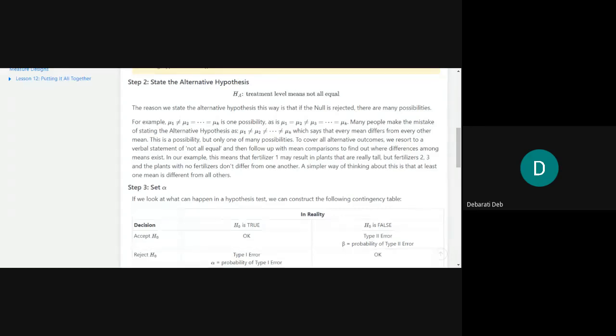Doing the literature review is very important. Only after that will you be able to set the hypothesis, start your research, write the introduction part, and state the null hypothesis and alternative hypothesis.